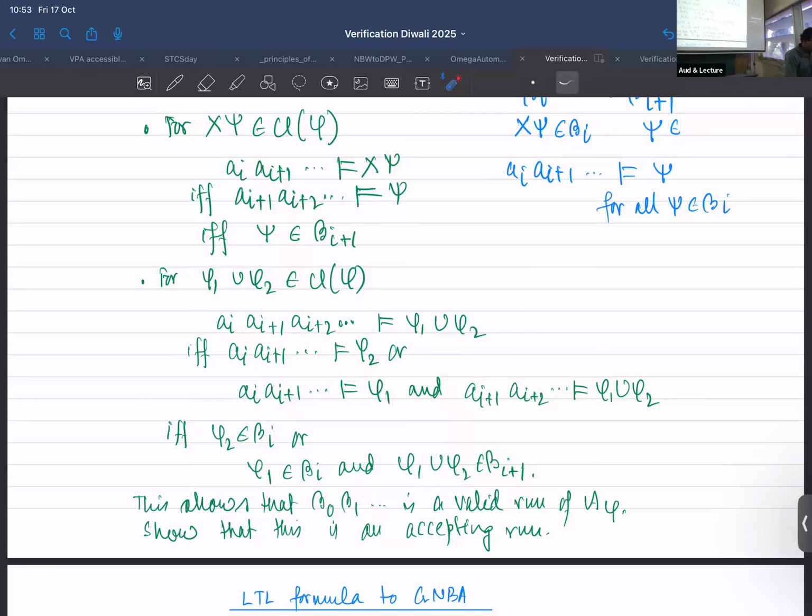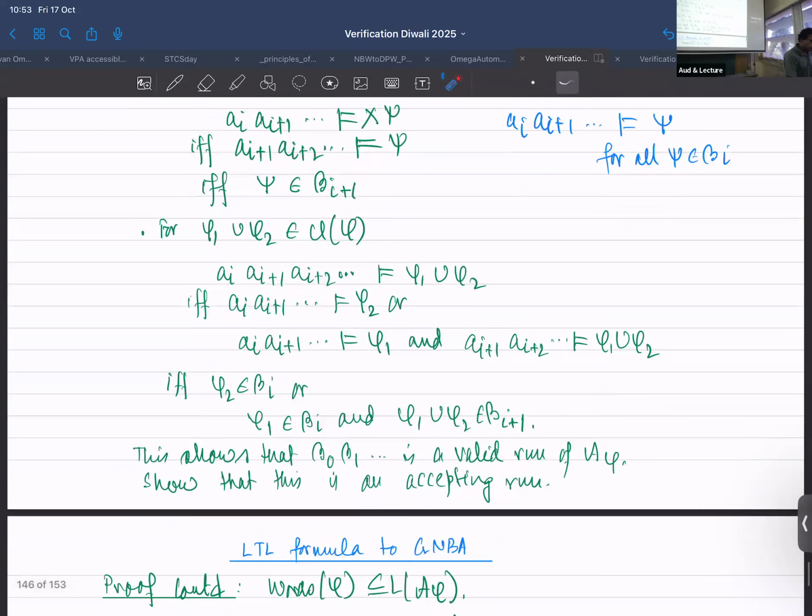So similarly, let's say this a_i is there in your beta i. From the definition, this satisfies phi 1 until phi 2. Now, by the semantics of LTL, either this satisfies phi 2, or this satisfies phi 1 and then a_i plus 1, a_i plus 2, and so on satisfies phi 1 until phi 2.